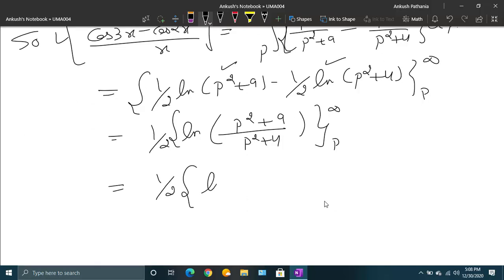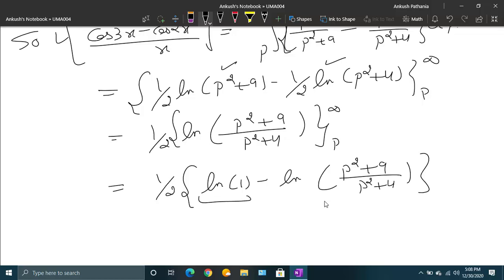Putting infinity I will get ln 1, and this is ln (p square plus 9)/(p square plus 4). This I got by putting infinity: you take p square common up and down, and then you will get this one. So this is 1 by 2 ln (p square plus 4) upon (p square plus 9), adjusting this minus here.